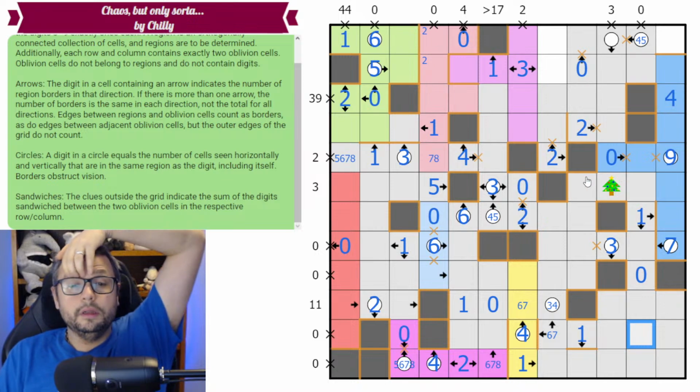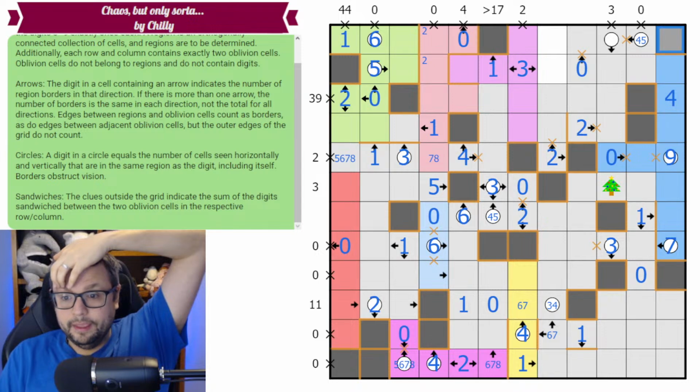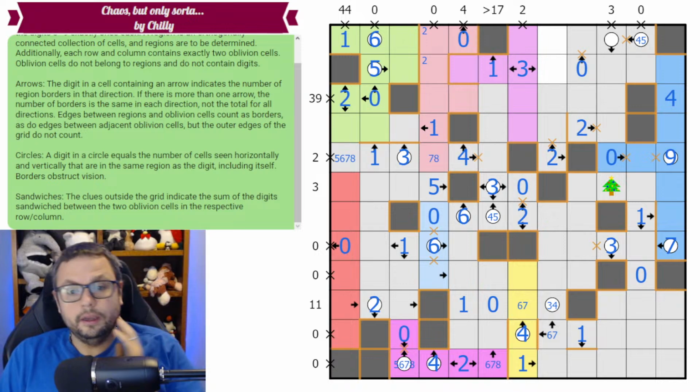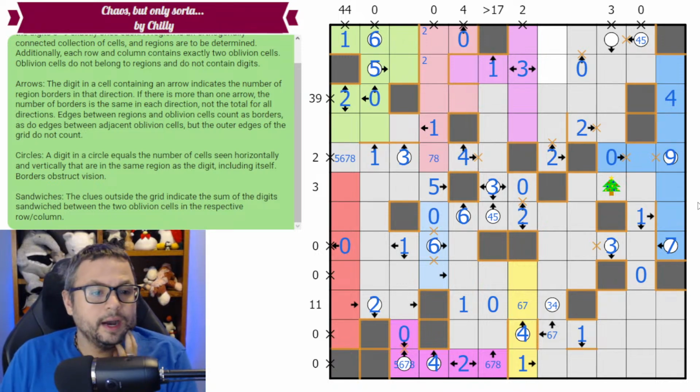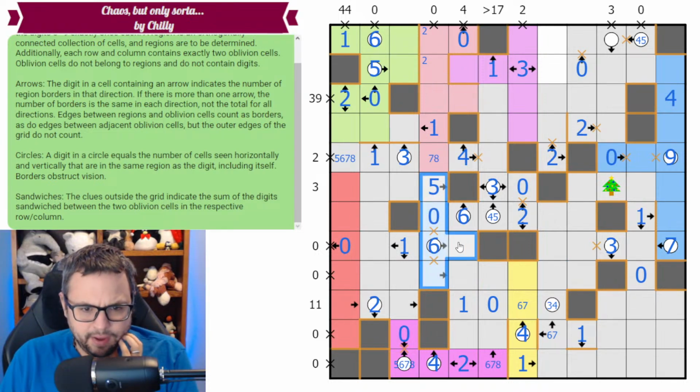Let's see. People are saying this cell is black, which it is because it's the last one in the column. So we now have that going on. Yes, and now ocean spray, because of this 6 circle, is going to get some stuff, right? 4, 5, right.